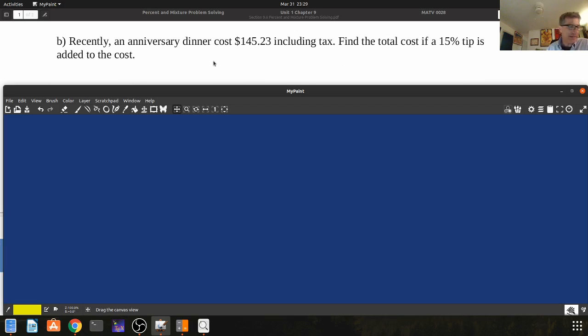So here we have tipping. So we have the following really simple equations.